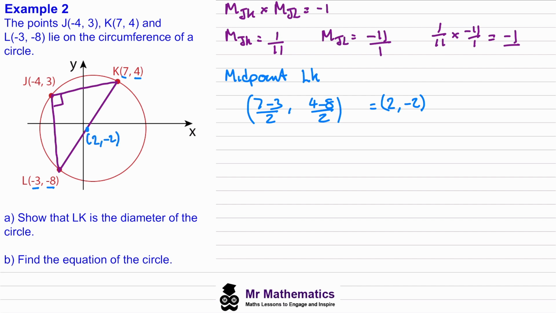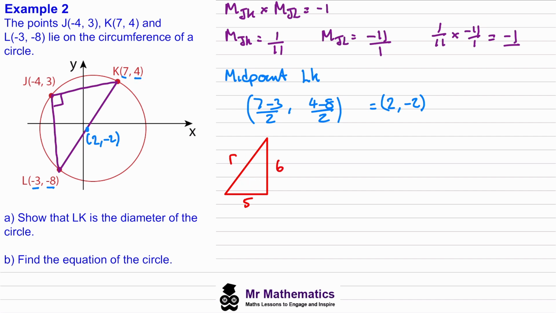Now we can work out the radius using Pythagoras' theorem, and that'll be the distance from the centre to the circumference, which I'm taking at point K. So I can make this into a right angled triangle. We know the base will be from 2 to 7, so this will be 5. And the height will be from -2 to 4, this will be 6.